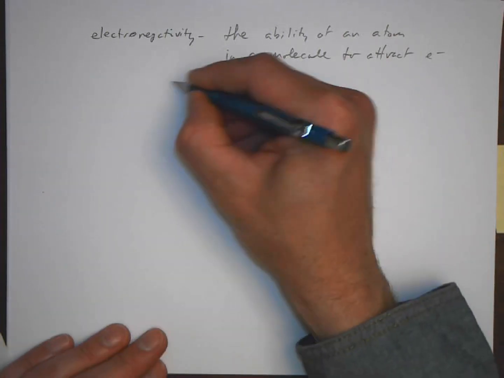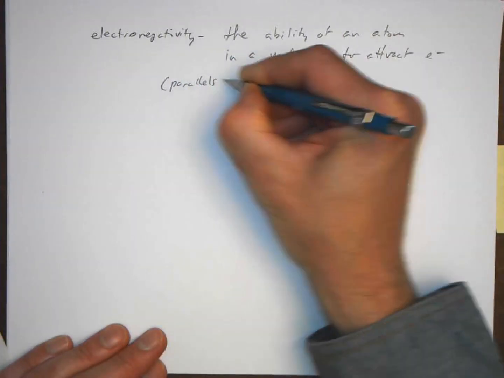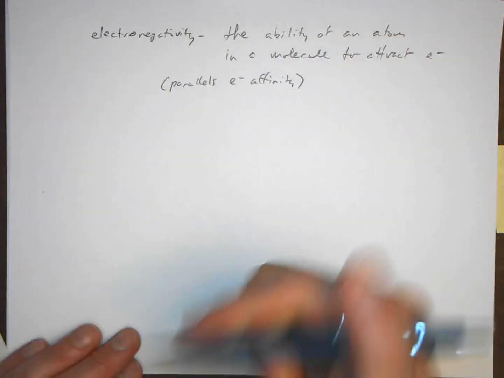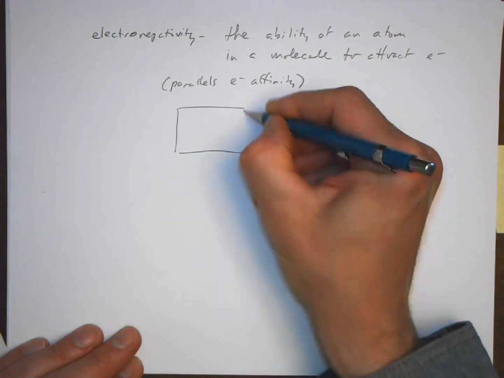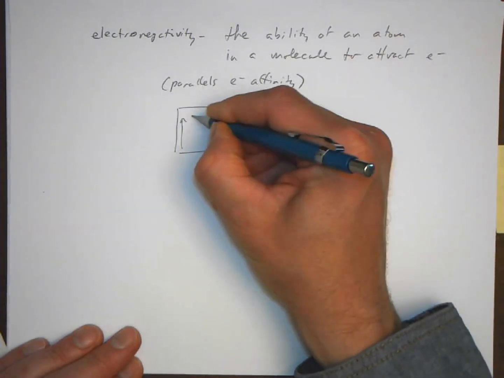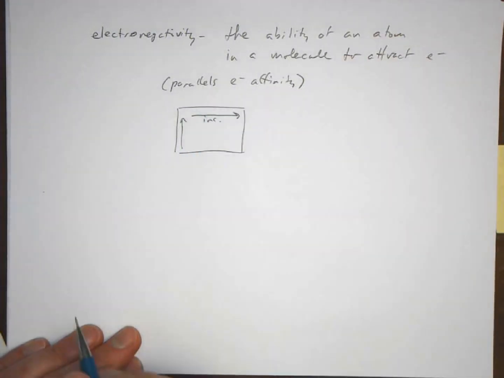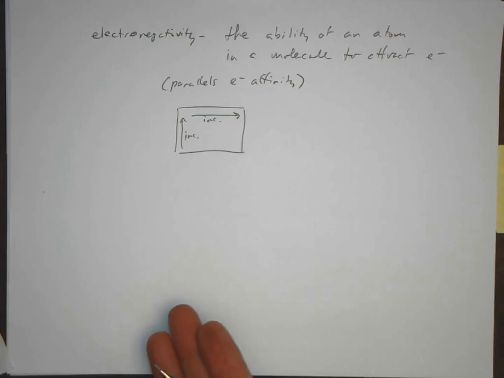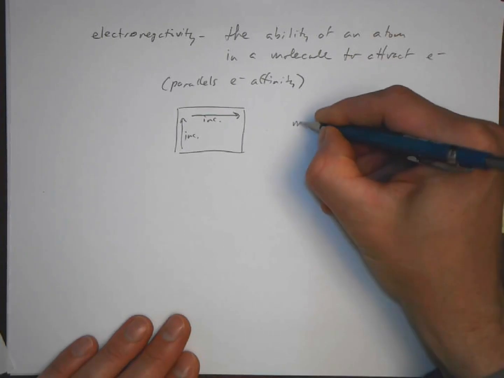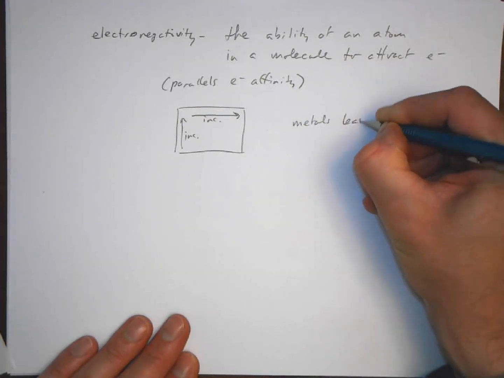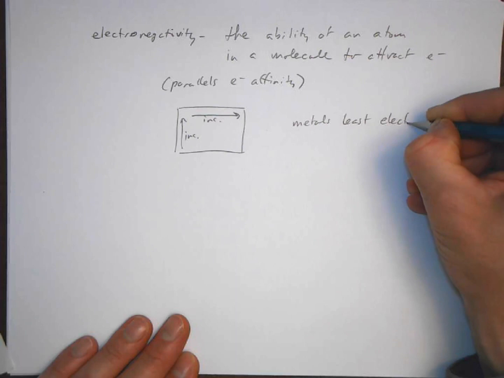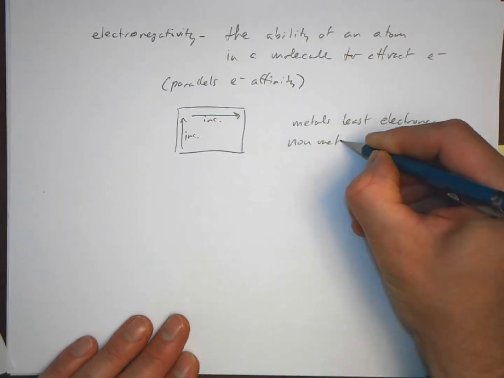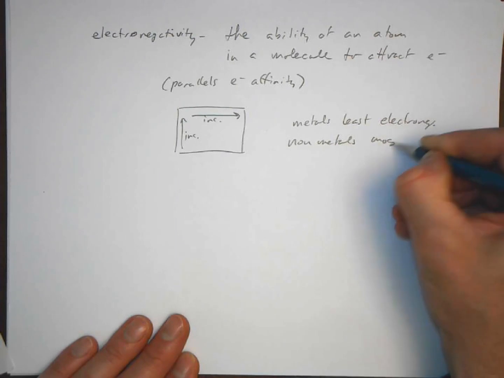It parallels electron affinity. So we can draw our little cartoon periodic table like this, and we have increasing electronegativity as we go from left to right in the periodic table, and increasing electronegativity as we go from the bottom to the top. So metals, least electronegative. Nonmetals are the most electronegative.